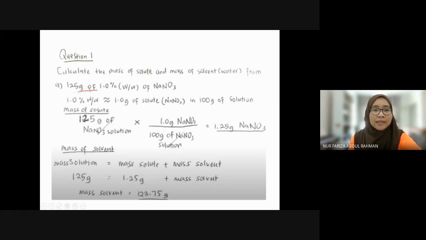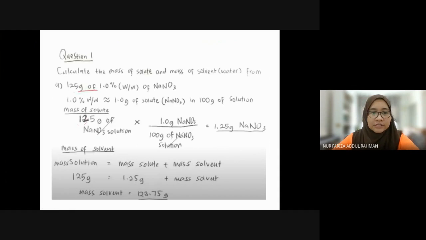But what we want is the mass of solute in 125 gram, and also the solvent, for 125 gram of solution. But what has been given to us is in the form of 100 gram of solution. So for 100 gram of solution, we have 1 gram of solute. So how about 125 gram of solution?